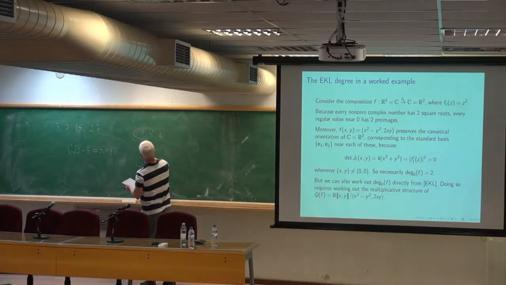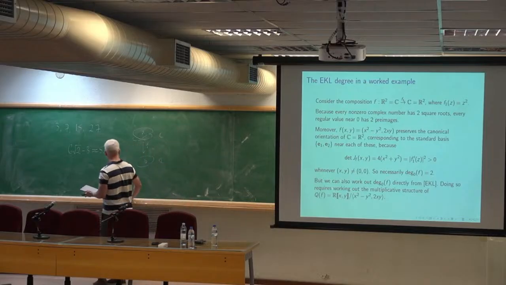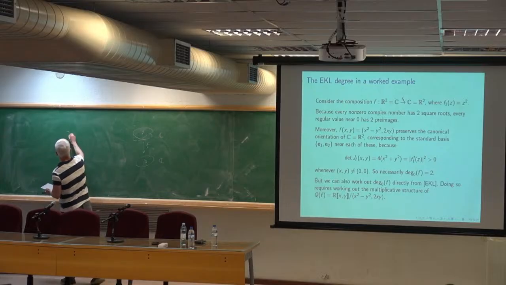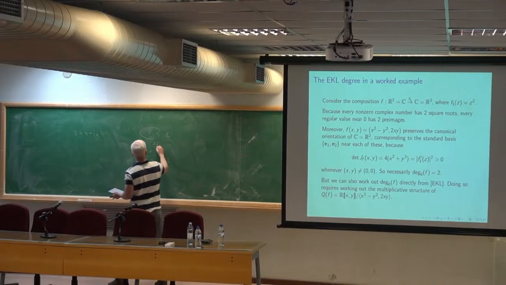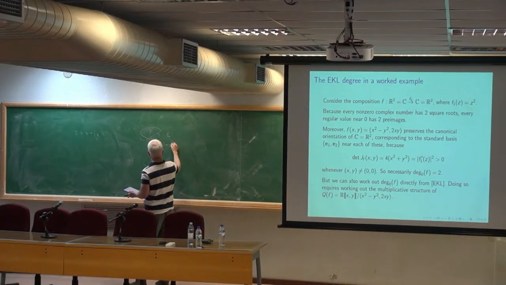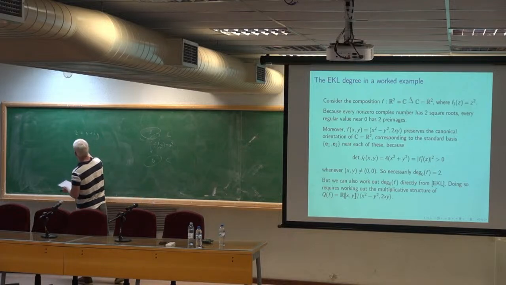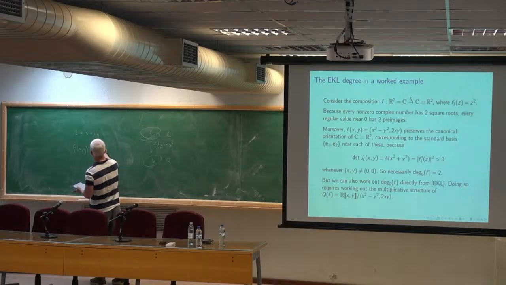So the point is that if I think of z in terms of its real coordinates, then f of z is z squared. What does this mean in terms of x and y? Well, f of x comma y, if you expand things out, is x squared minus y squared and 2xy.